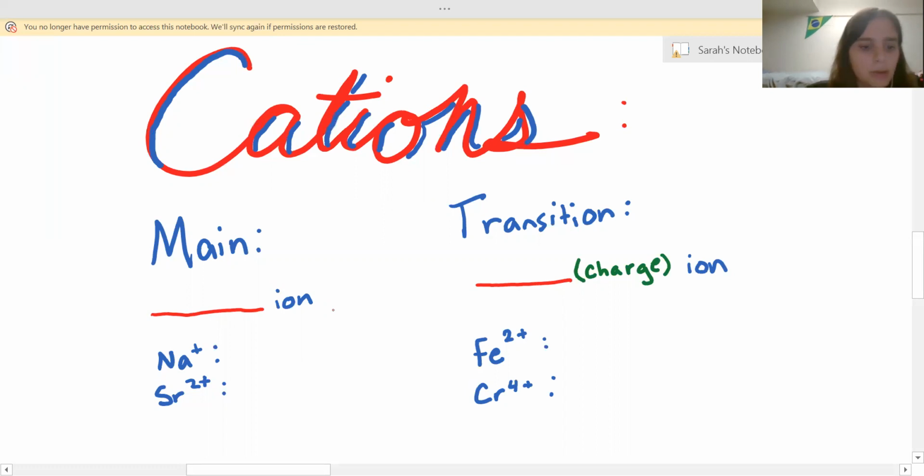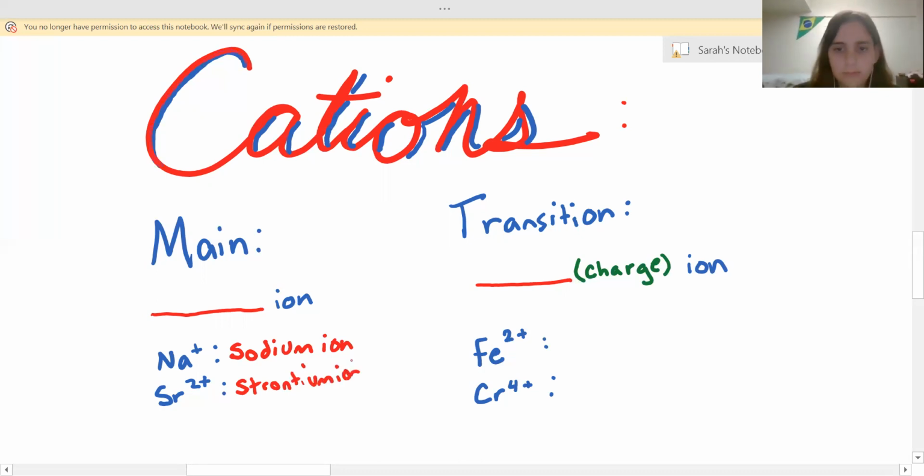Here we have sodium with a consistent +1 charge. This one will be, you guessed it, a sodium ion. Next, we have strontium, which is also a main group cation with a consistent charge of 2+. Following the same rule, this will be strontium ion.